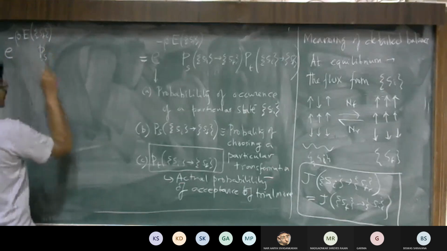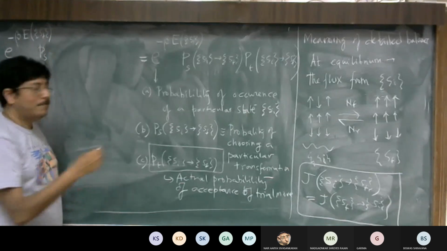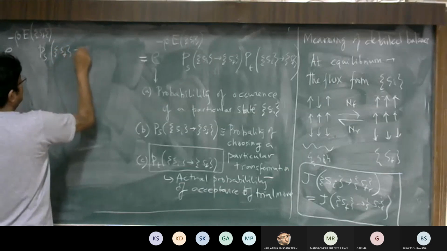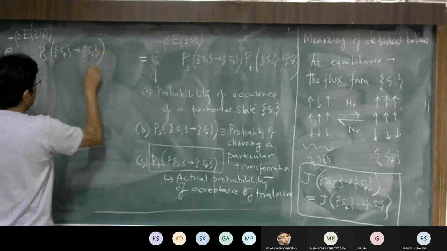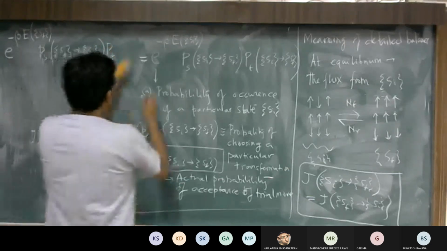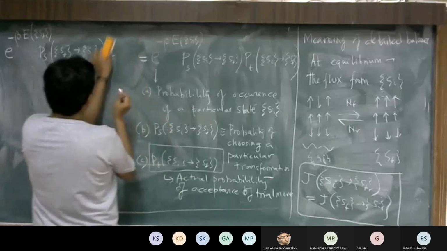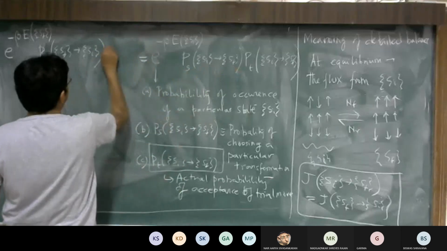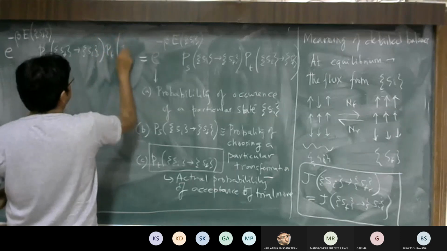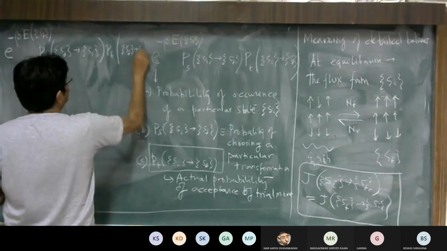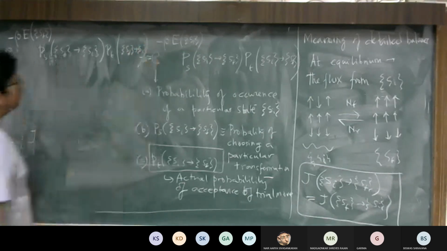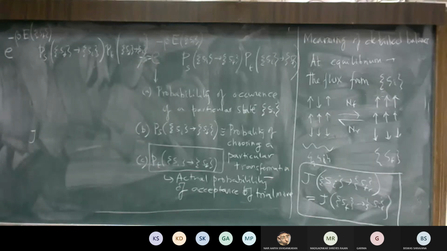Now, the probability of selecting a particular transition from SF state to SI, and finally the probability of the success of a trial move, in similar spirit, would be PT SF to SI. And these two quantities have to be equal.